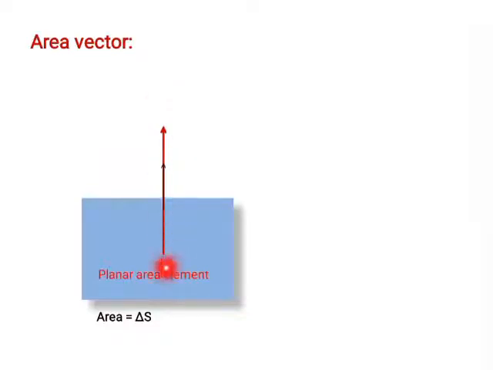Normal means a perpendicular line drawn to the particular area element or surface to understand the direction of that surface. Usually it is denoted by n cap. N cap is a unit vector, the value is 1. It shows the direction of this particular surface.